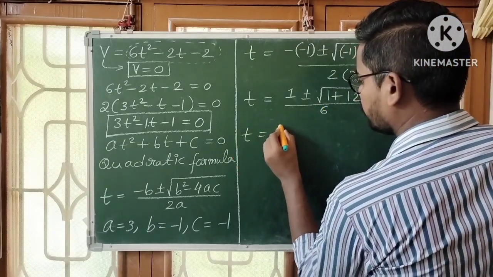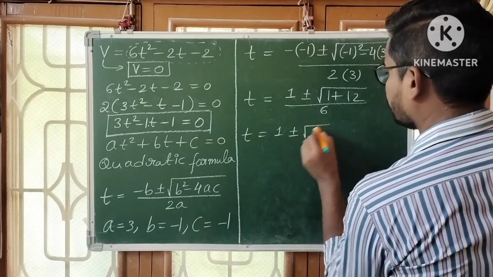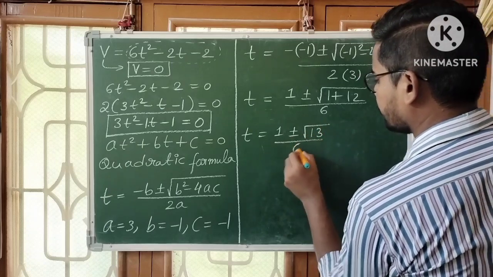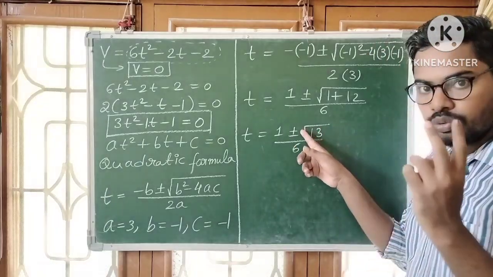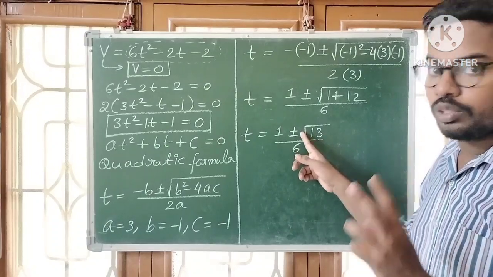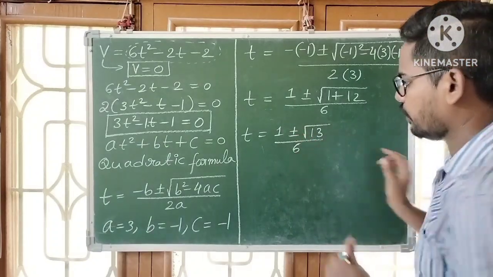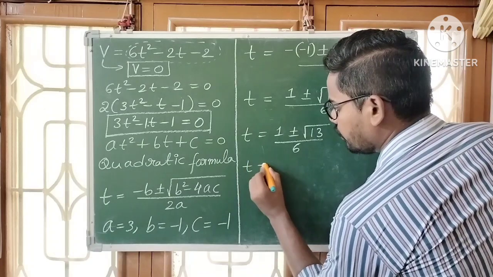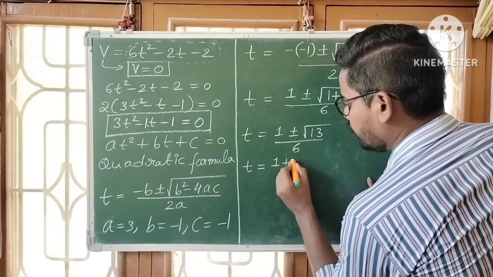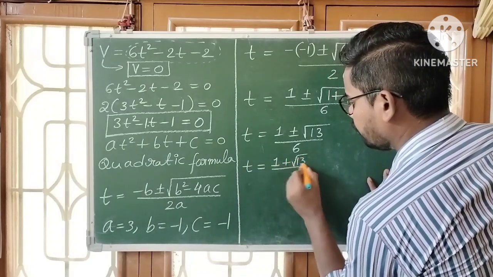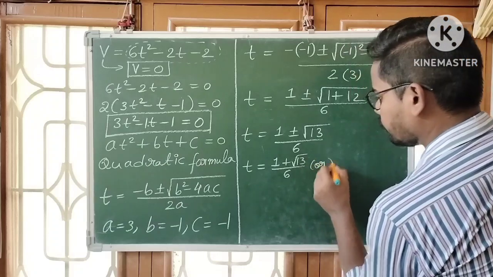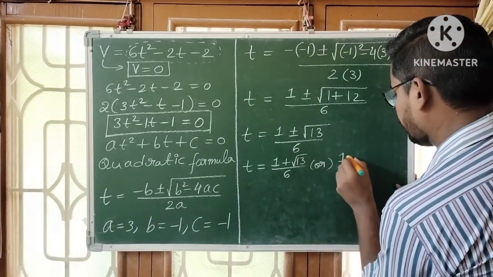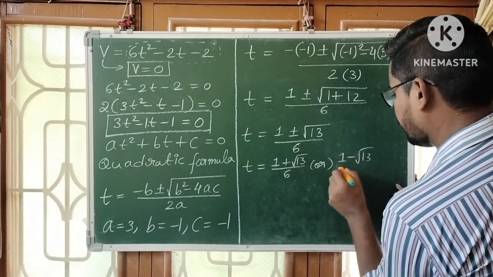So t is equal to 1 plus or minus root over 1 plus 12, that is 13, by 6. So here we have two possible solutions, one positive and one negative. t is equal to 1 plus root 13 by 6, or we have one more solution, 1 minus root 13 by 6.